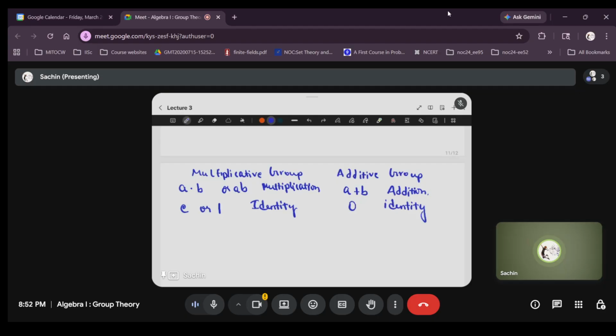But in many places, you should know at least the standard notation. So 0 is used for the additive identity and 1 is used for the multiplicative identity. Then the inverse, you'll write it as A inverse when it is the multiplicative inverse. But the additive inverse is written as minus A.